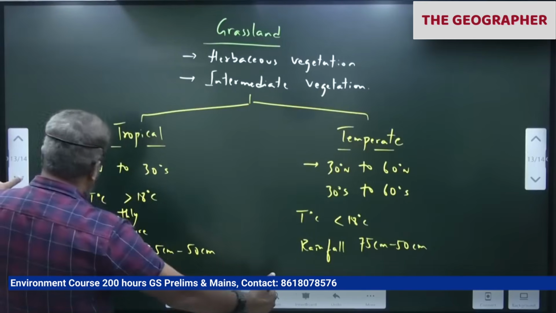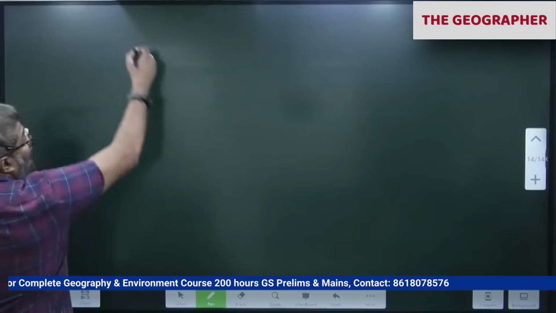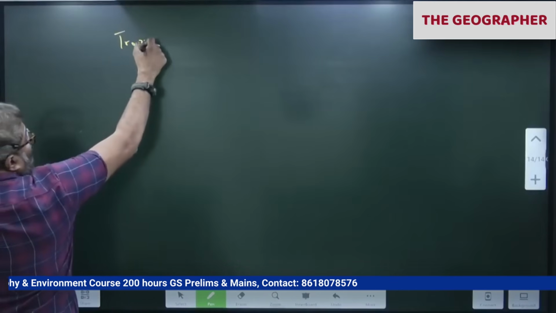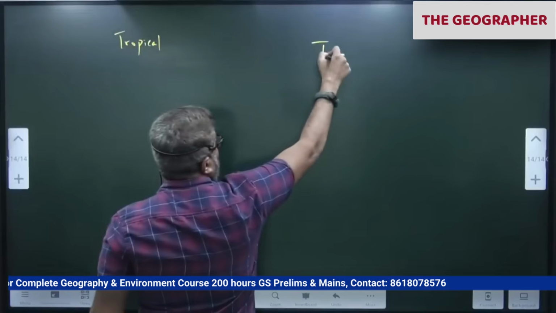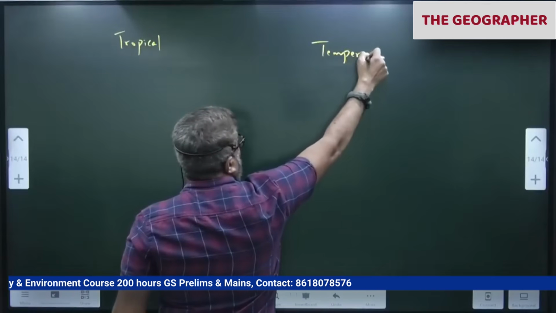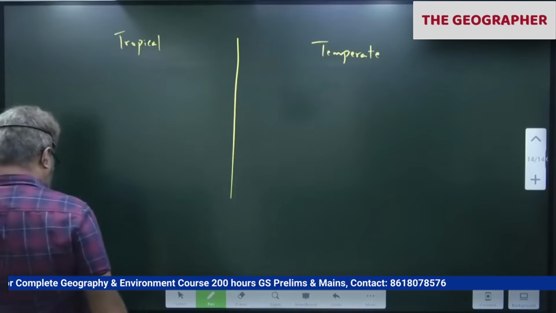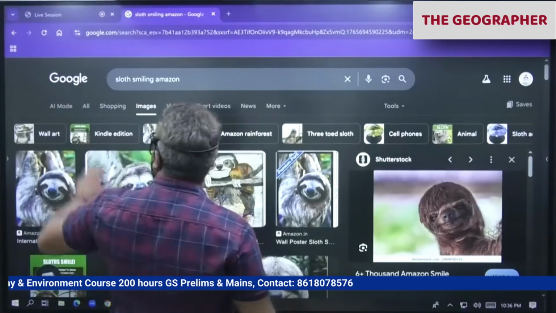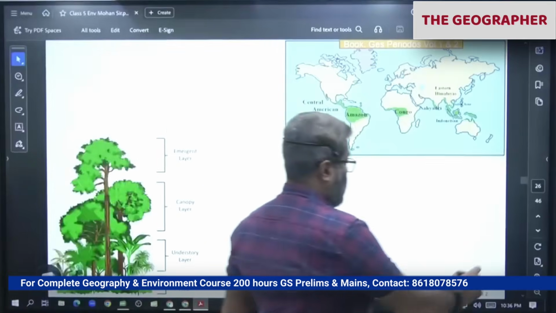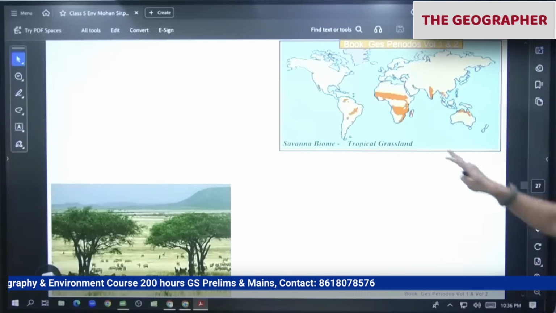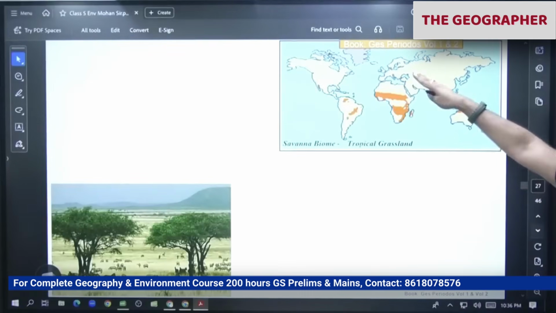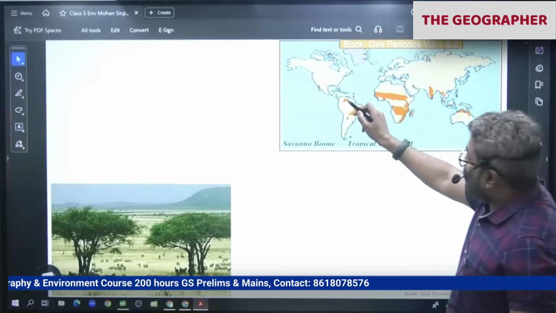Further, please continue below this in the same way. I'll go to the next page. Tropical, this side is temperate. See this is tropical grassland distribution. You notice on either side of the equator you see some patches here.